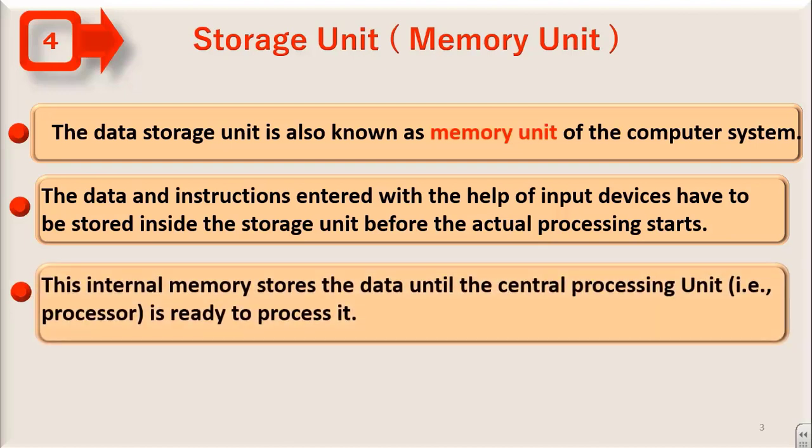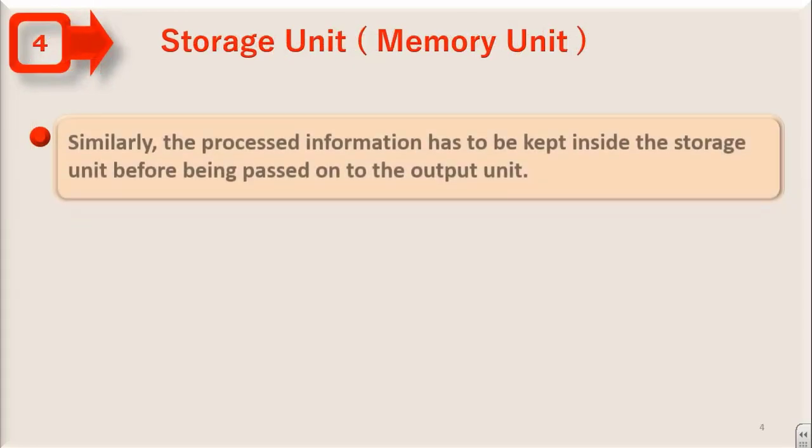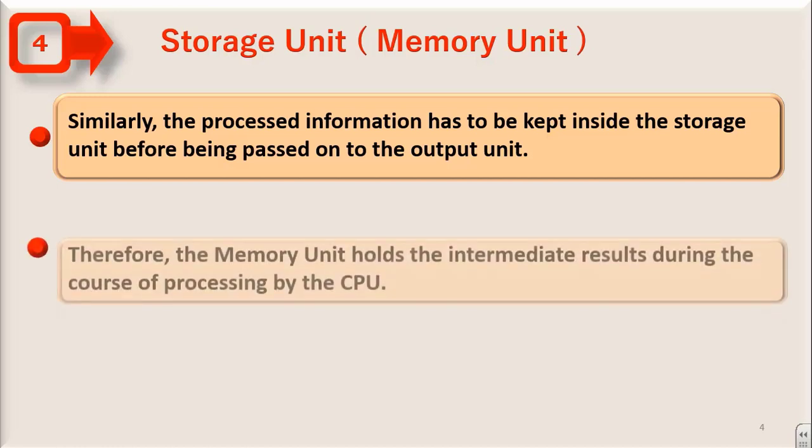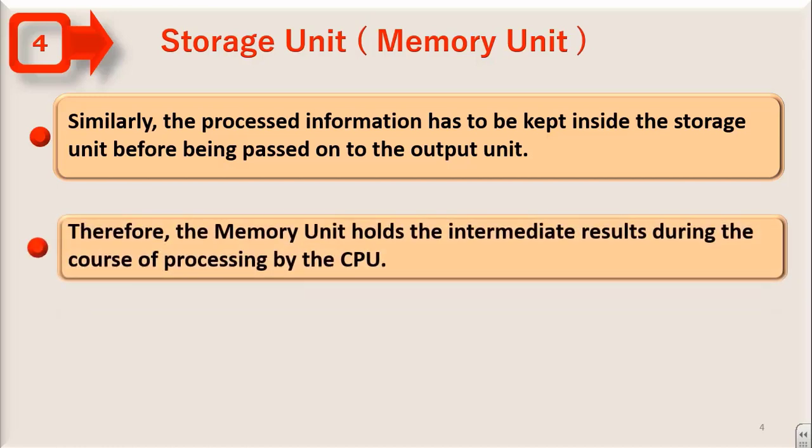This internal memory stores the data until the CPU is ready to process it. Similarly, the processed information has to be kept inside the storage unit before being passed on to the output unit. Therefore, the memory unit holds the intermediate result during the course of processing by the CPU.